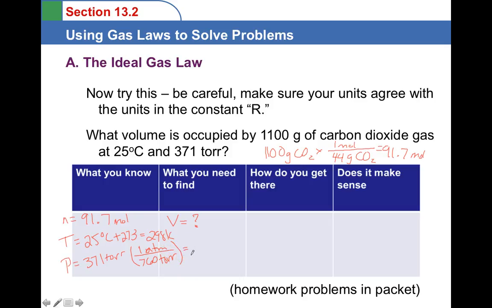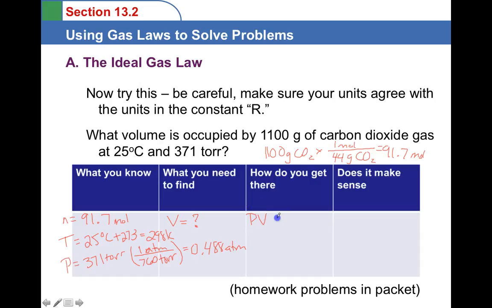So 371 divided by 760 comes out to 0.488 atmospheres. Remember, we want moles, we want kelvins, we want atmospheres, and our volume will end up being recorded in liters.